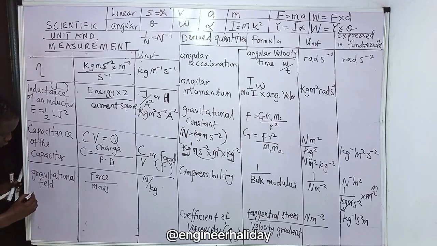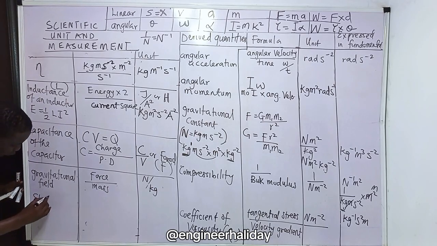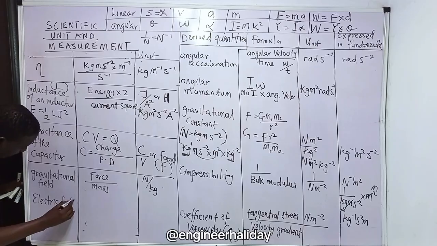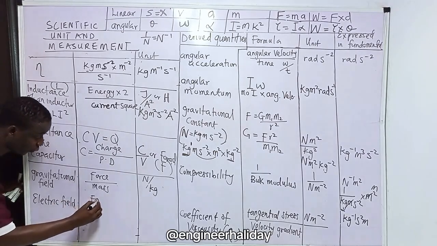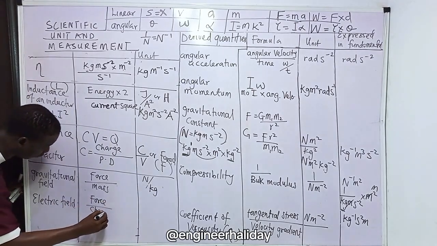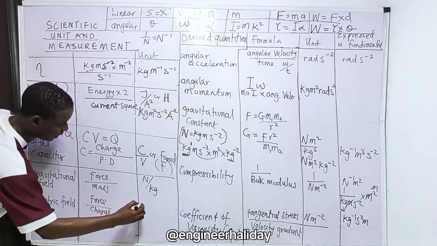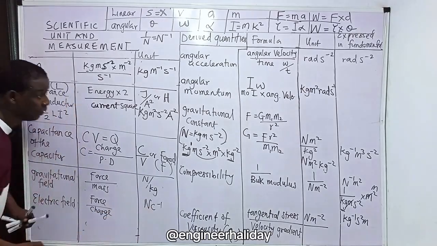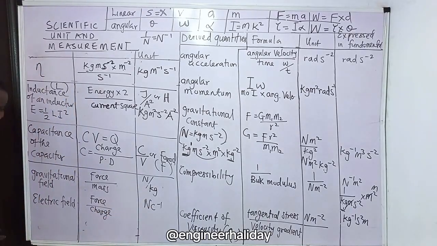We have what they call electric field. Electric field is force over charge, which is measured in Newton per coulomb. And we have magnetic field.